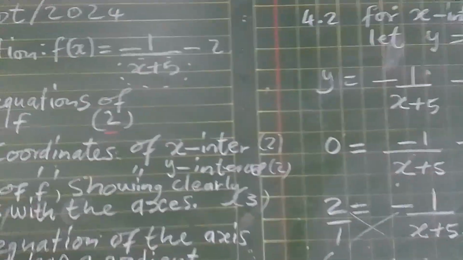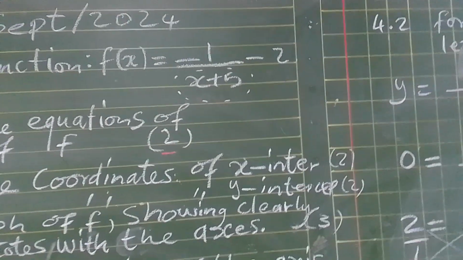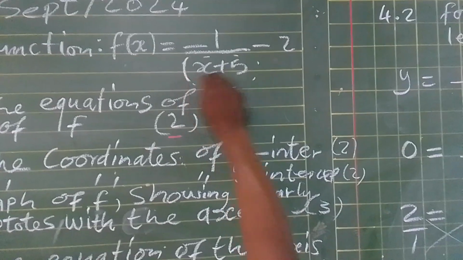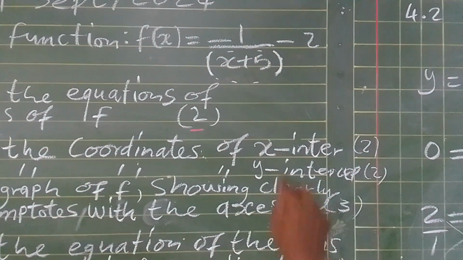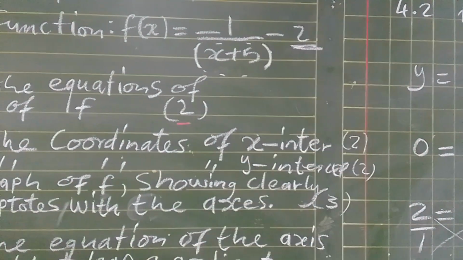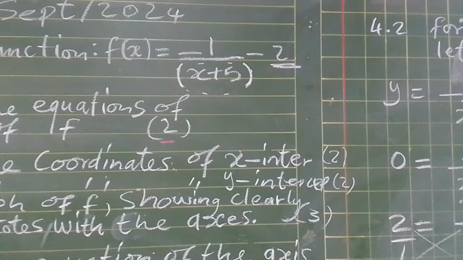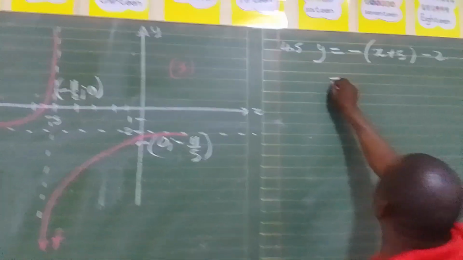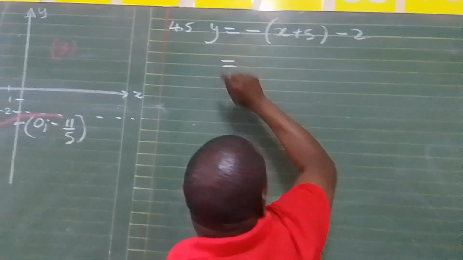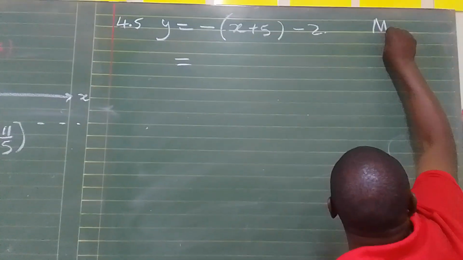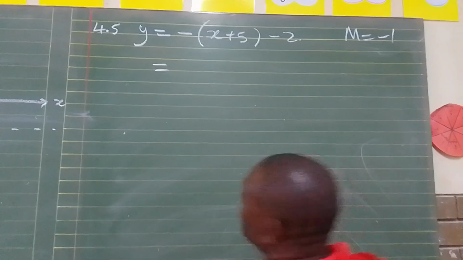Right, this is a symmetry. This is the symmetry we have taken, this part and that part, to show that this is our symmetry. The negative is given as the gradient is minus 1.